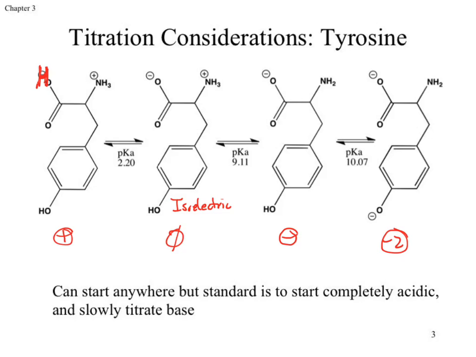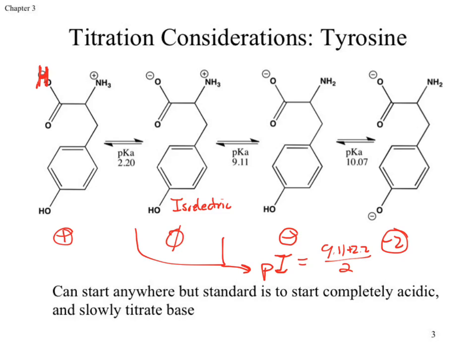So the exact halfway point is going to be the average of these two pKa's. So when we look at calculating the pI, halfway between is also equal to the pH at that point. Yeah. So our pI in this case will be 9.11 plus 2.2 divided by 2. And we now have the pI.